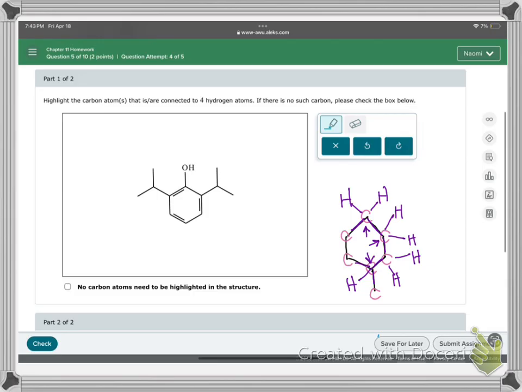Now this question, you actually wouldn't have to do any of it. Do you see it says connected to 4 hydrogen atoms? Well, let's think about that. For carbon to be connected to 4 hydrogen atoms, it would be a carbon and then 1, 2, 3, 4.